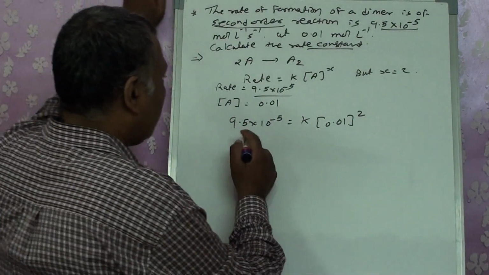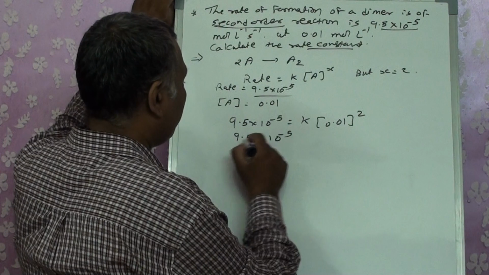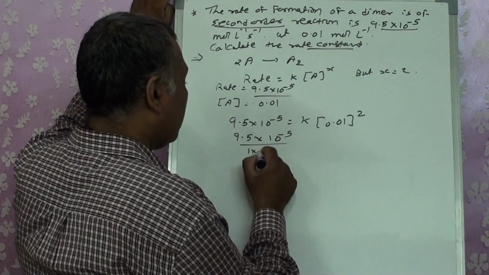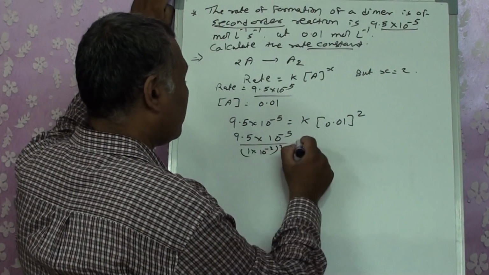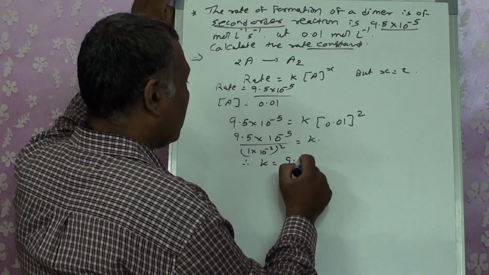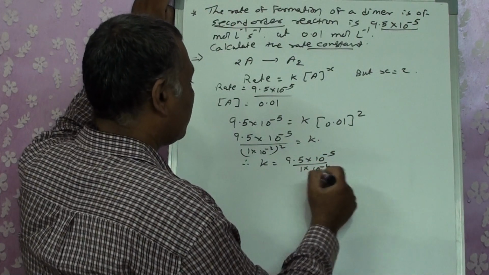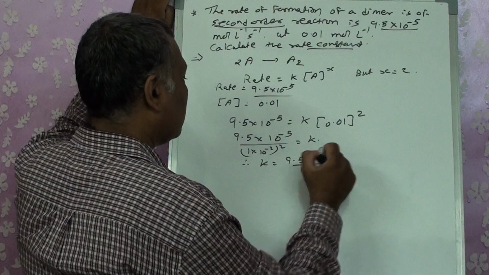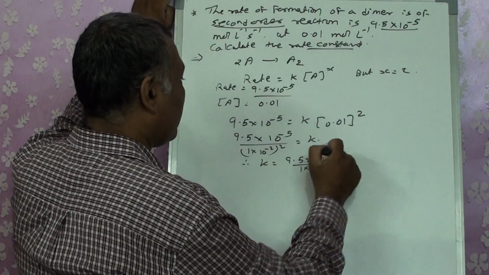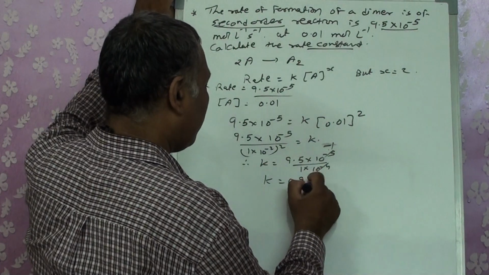So what we will be getting: 9.5 into 10 raised to minus 5, and 0.01 I can write as 1 into 10 raised to minus 2, whole square, that is k. Therefore, k is equal to 9.5 into 10 raised to minus 5 divided by 1 into 10 raised to minus 4. You can cancel it. It will remain as 10 raised to minus 1. So that means k is equal to 0.95.